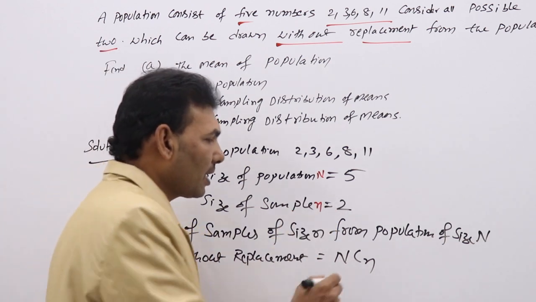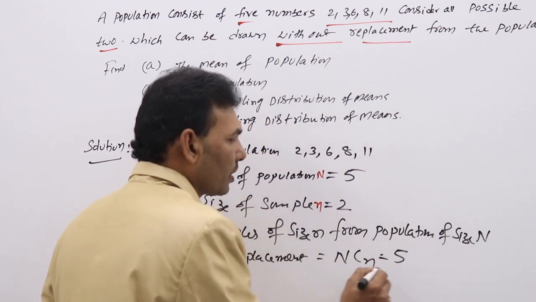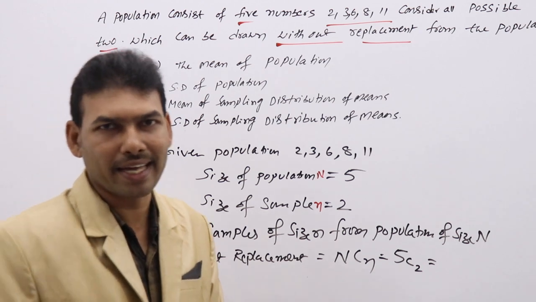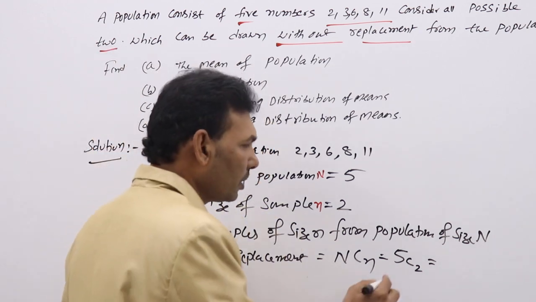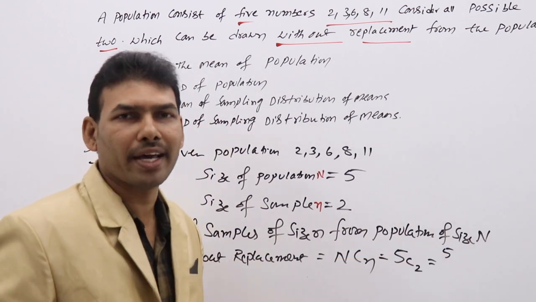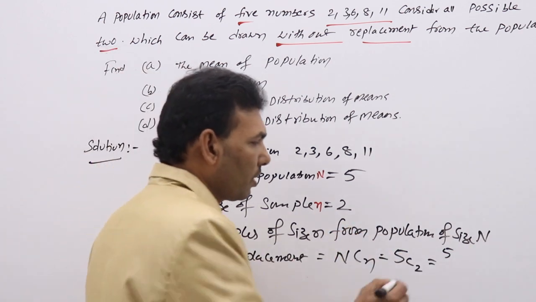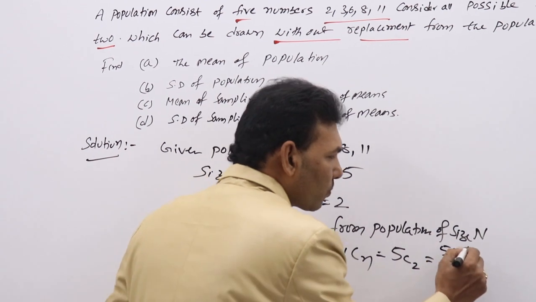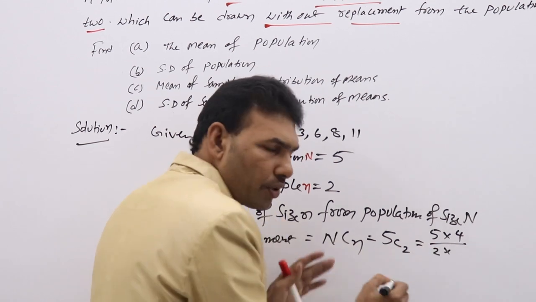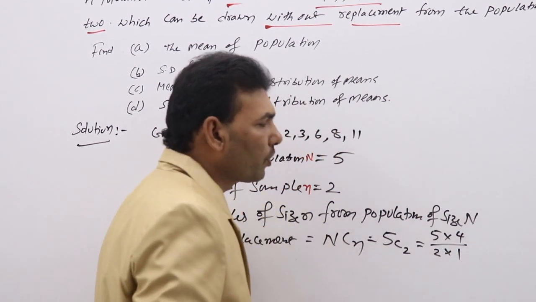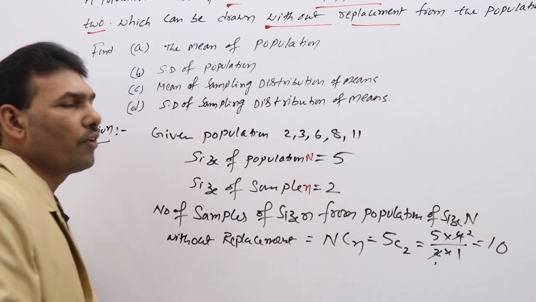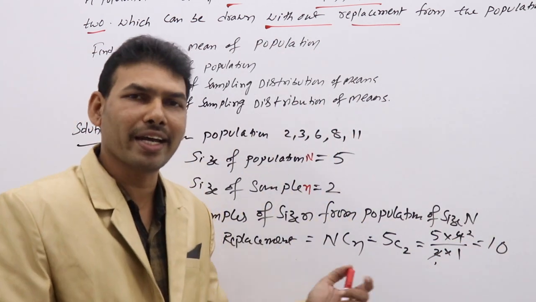NCn means capital N is 5, C small n is 2. You can get this value from your calculator directly, or you can use this shortcut. Since you have 2 here, write in the numerator from 5 decreasing by 1, that is 5 into 4, and in the denominator write from 2 decreasing up to 1, 2 into 1. 2 1s are 2, 2 5s are 10. So 5C2 value is 10. You can use your calculator directly, you will get 10.